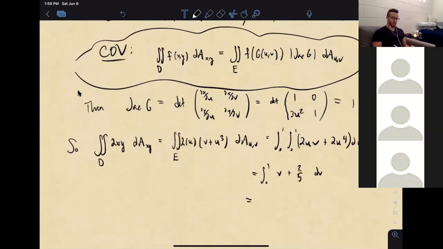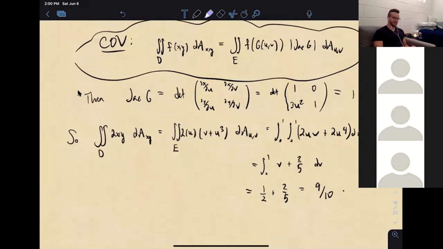And so we'll get 1/2 plus 2/5, which is 5/10 plus 4/10, which is 9/10, which is what Katie got earlier. So it checks out. Nice.